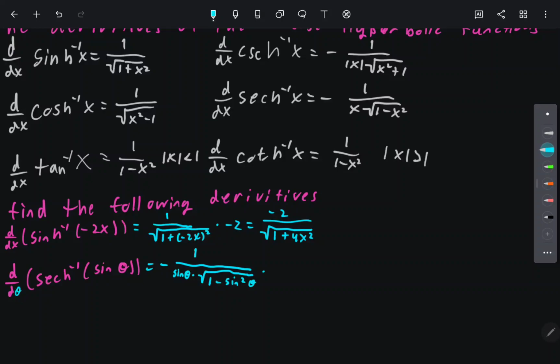Actually, you know what? We're going to keep that as a dx. Interestingly enough, it does still work. We're just going to have to do an extra chain rule derivative at the very end.